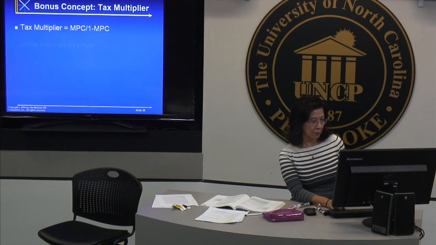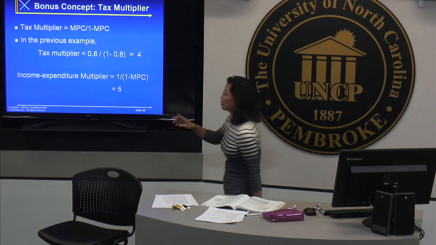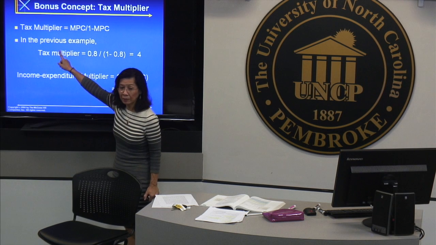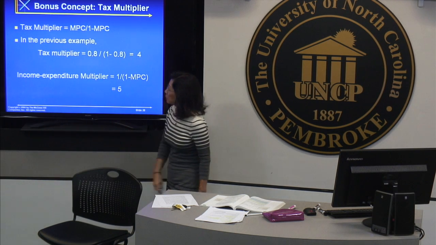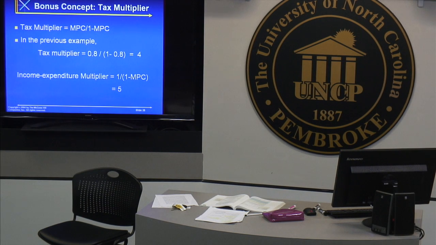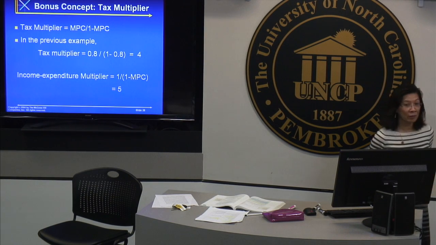Okay, this is an important one. I'm introducing a new multiplier known as the tax multiplier. Please write this down. The tax multiplier is MPC divided by 1 minus MPC. And notice that is different from the income expenditure multiplier. So in order that you're not confused, I'm representing that income expenditure multiplier.